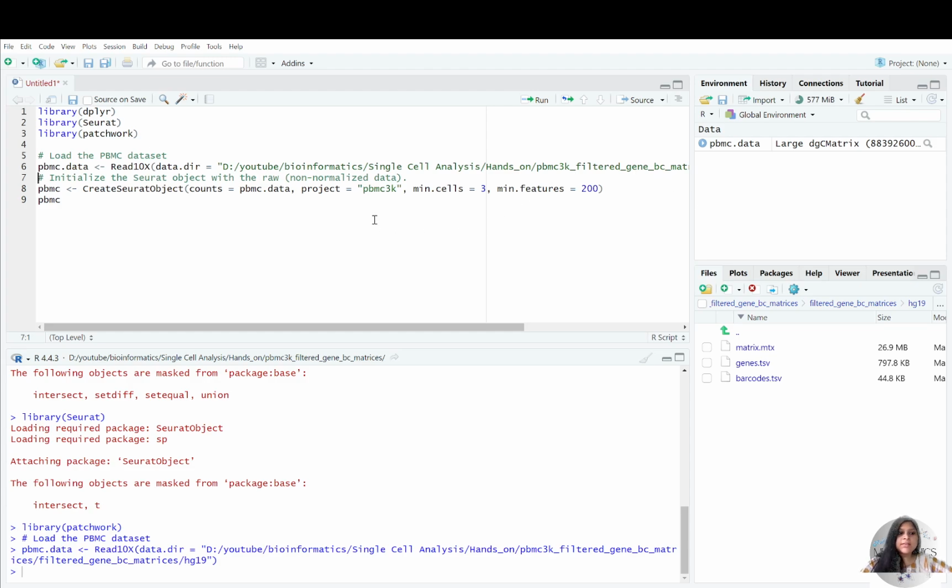We will be looking at it, but since you have loaded the data, we will be creating a Seurat object. So what is a Seurat object? When you create a Seurat object, you think that it is a container with various levels.